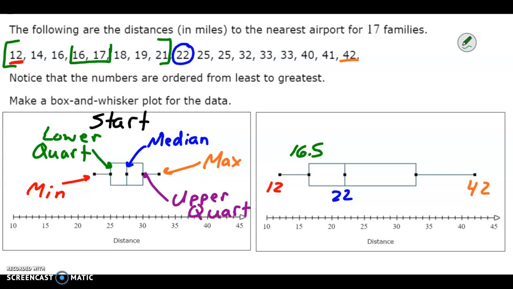So 16.5 is that lower quartile, and then the upper quartile is going to be the median of the right-hand side. And again, the 4th and 5th values, 33 and 33, since they're both 33, then 33 is your upper quartile value. So then on your homework, you're just clicking and dragging that thing around.